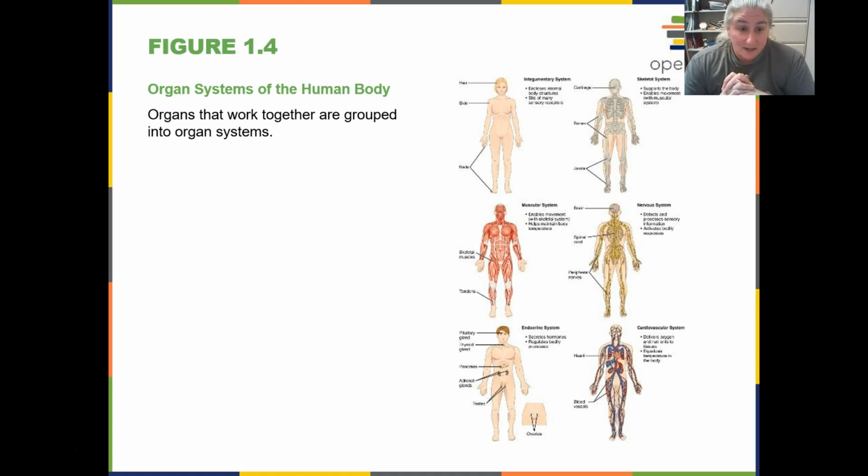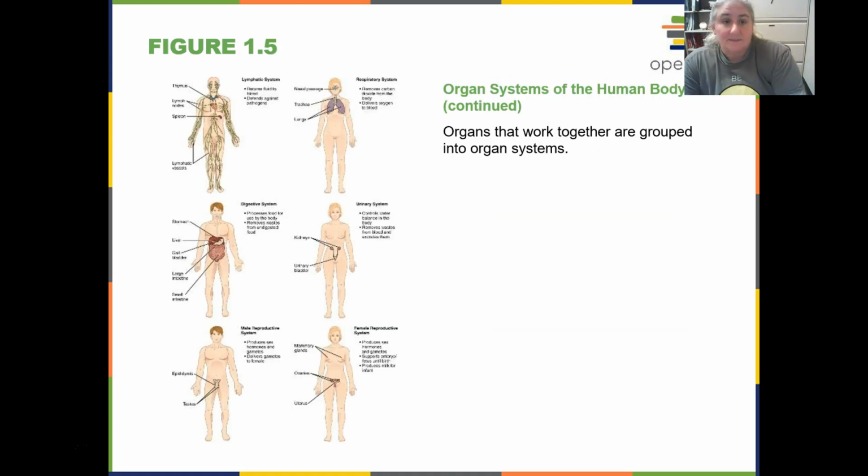The cardiovascular system, which includes our blood vessels and our heart, is the organ system that transports materials throughout our body, takes nutrients to our cells, takes waste products away from our cells, and maintains oxygen levels in our body. Then we have the lymphatic system.